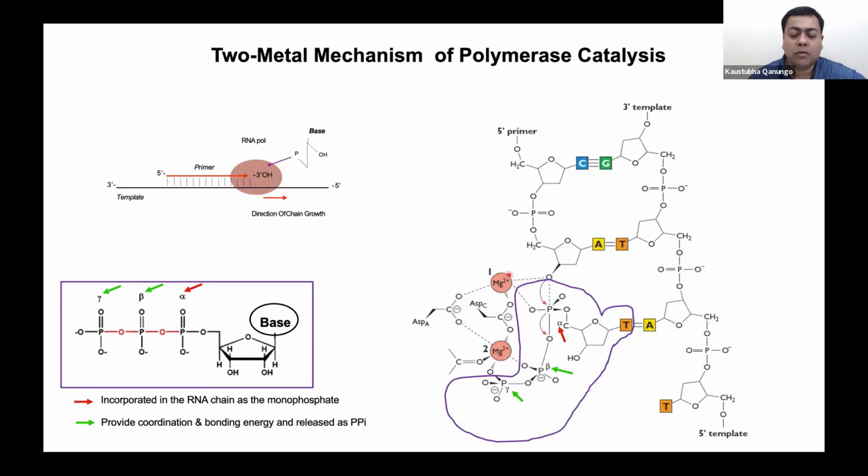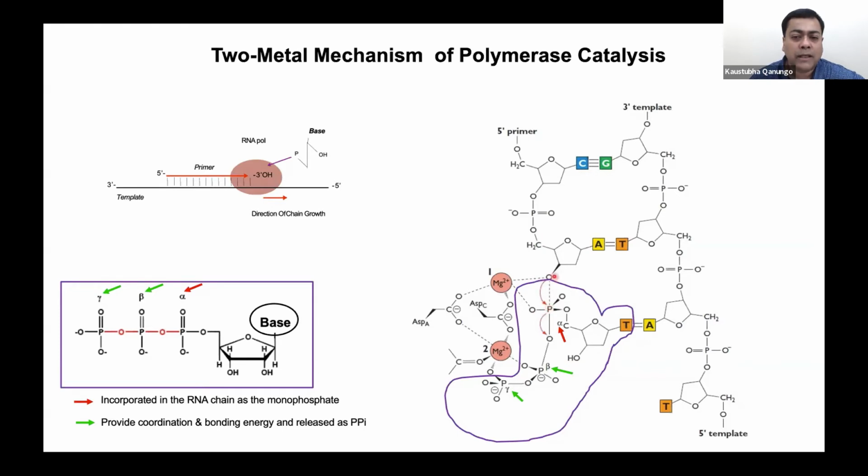And when these two magnesium ions are coordinating this incoming triphosphate, what you are seeing is that this phosphate is having a nucleophilic attack from this right here. And this is basically a deprotonation actually going on.